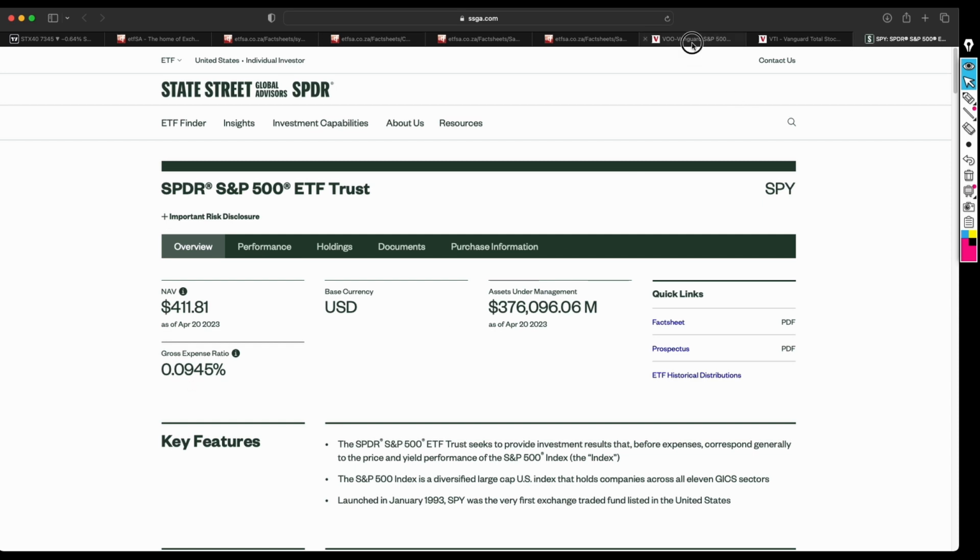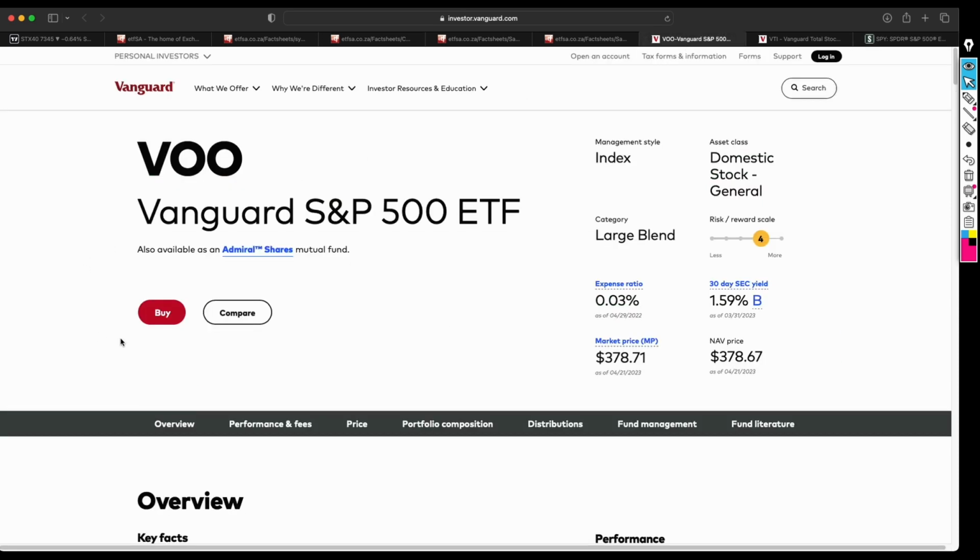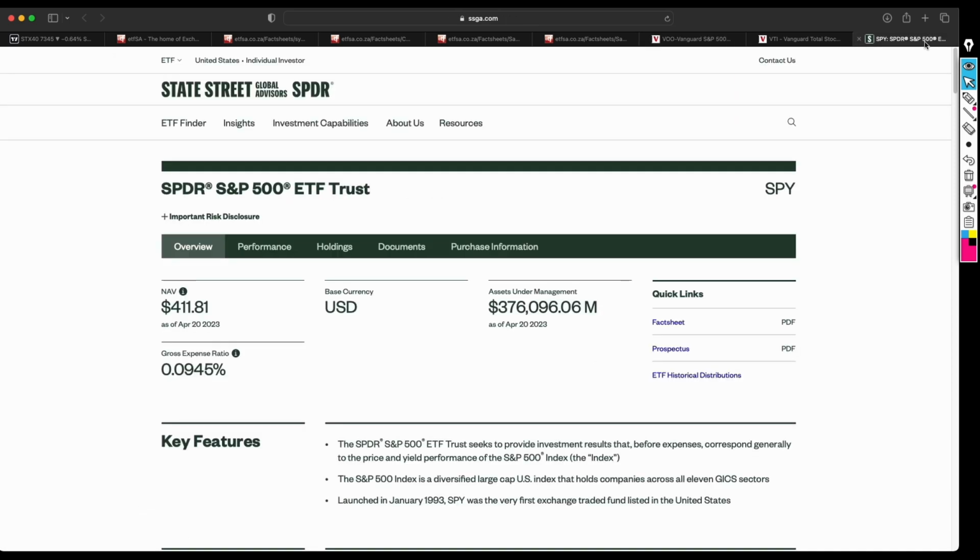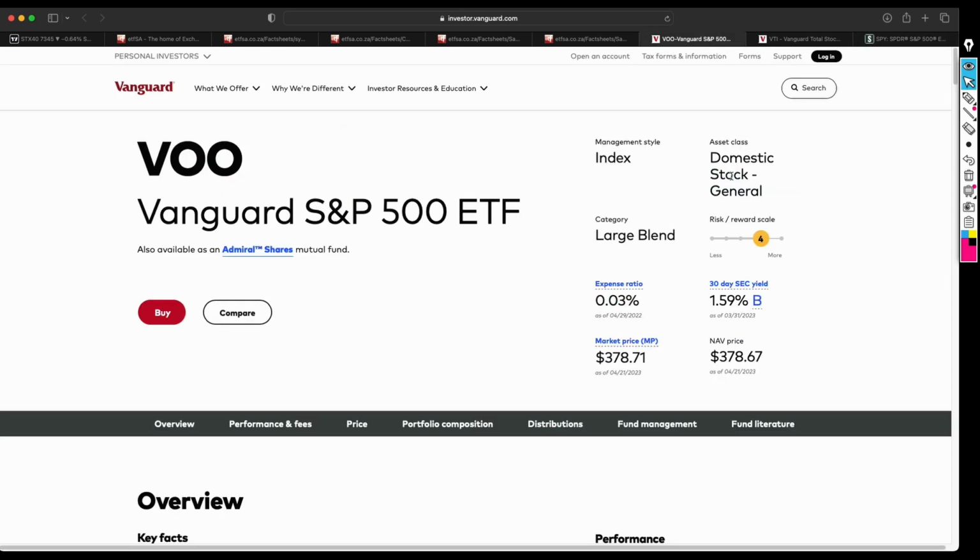And then if you look at the Vanguard S&P 500, it has an expense ratio of 0.03%. So based on this, the VOO is actually cheaper than the SPY, but it doesn't matter.